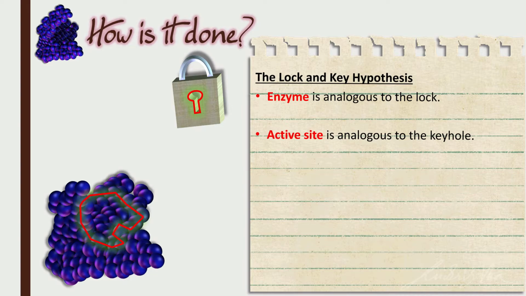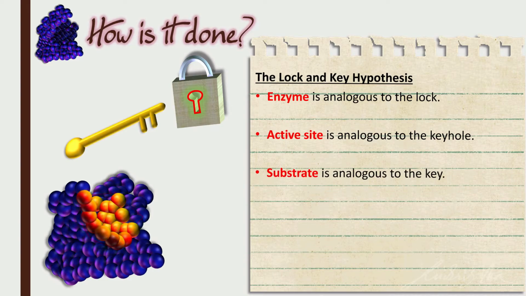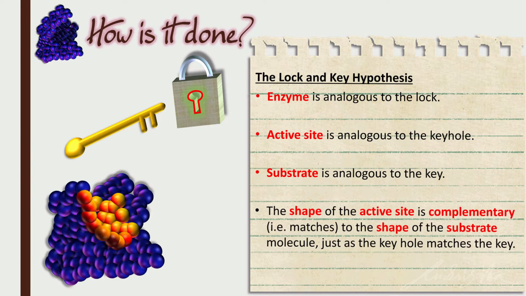The active site of an enzyme is a groove or hole into which the substrate, or the compound to be reacted, can be inserted. The shape of the active site is complementary to the shape of the substrate molecules, just like how a keyhole matches the key. And every lock has its unique key, which is similar to how enzyme and substrate work.